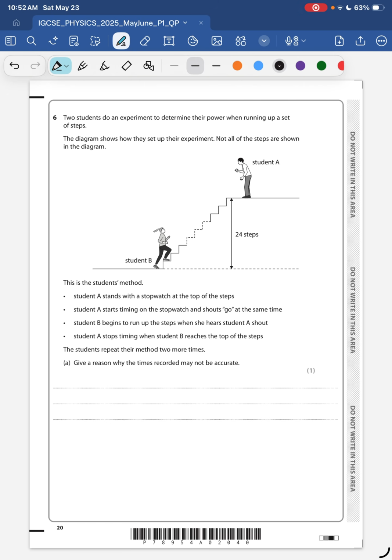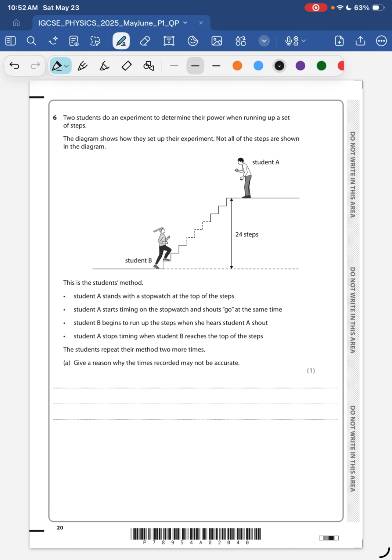Student A starts timing on the stopwatch and shouts "go" at the same time. Student B begins to run up the steps when she hears student A shout. Student A stops timing when student B reaches the top of the steps. The students repeat their method 2 more times. Give a reason why the times recorded may not be accurate.